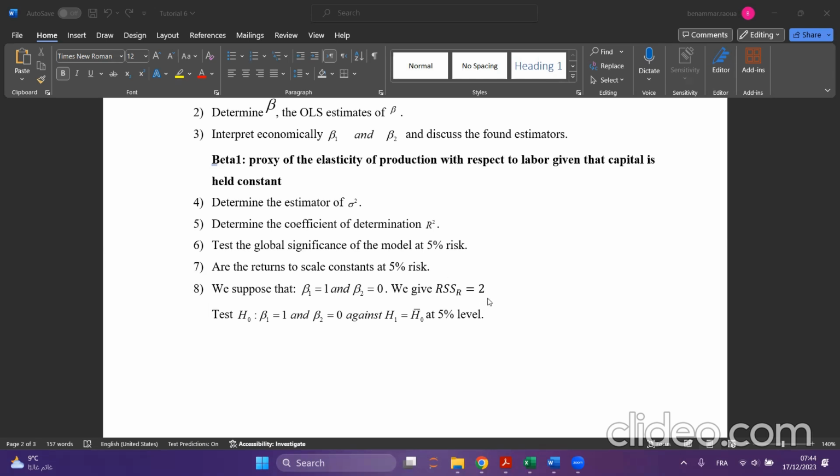So we will perform an F test. We'll have H0: beta 1 equal to 1 and beta 2 equal to 0, against H1, which is the opposite of H0, of course.